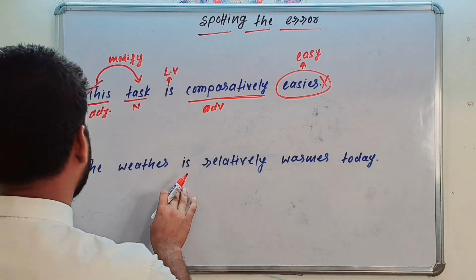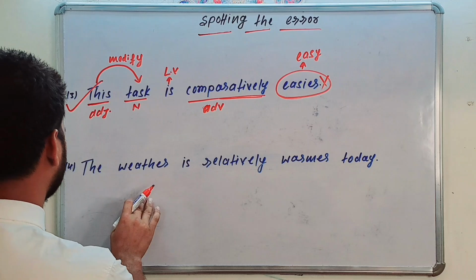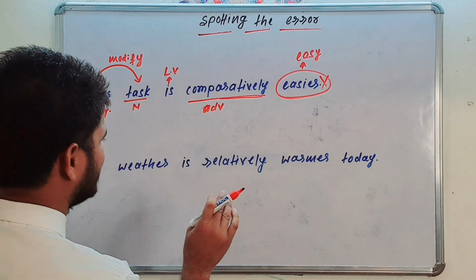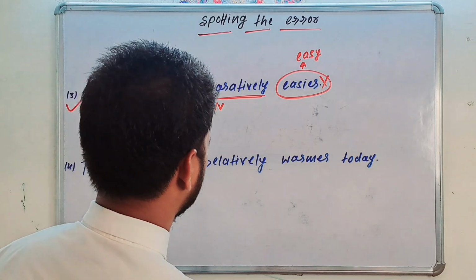Now let's move to the fourth rule, fourth example, fourth sentence: the weather is relatively warmer today.